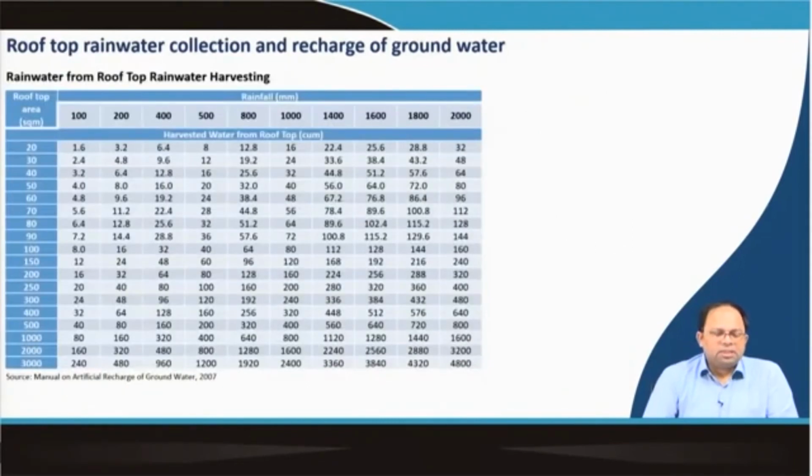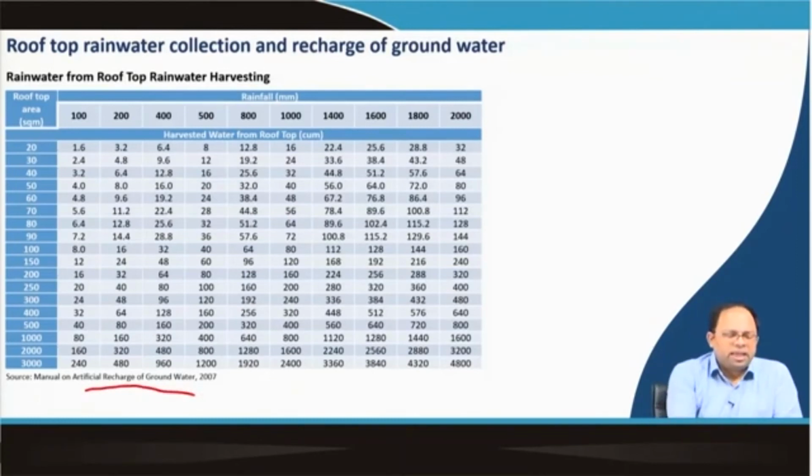So, this table gives you a rough estimate. It is pretty easy to estimate the quantity of rainfall and how much water is being collected, but this table, which is available from the manual of artificial recharge of groundwater, shows that for different sizes of roof area and for different amounts of rainfall in millimeter, we can determine the total quantum of harvested rainwater from the roof that we can collect.